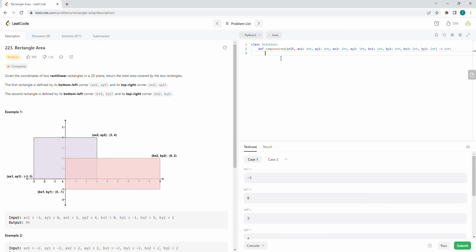Let's break this down into a couple of steps in our algorithm. Step number 1, we're going to calculate the total area covered by the two rectangles. That should be easy enough. Next thing you want to do is calculate the area of the overlap between the two rectangles.